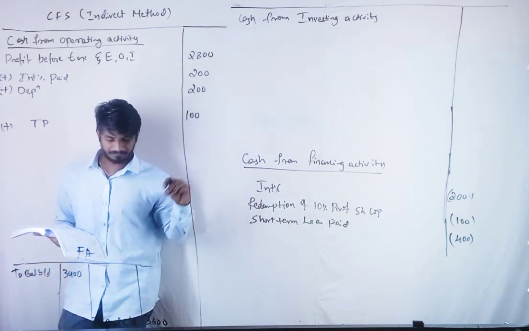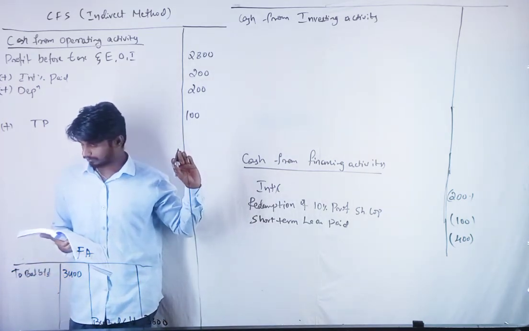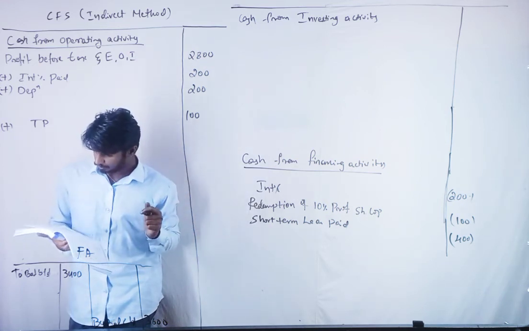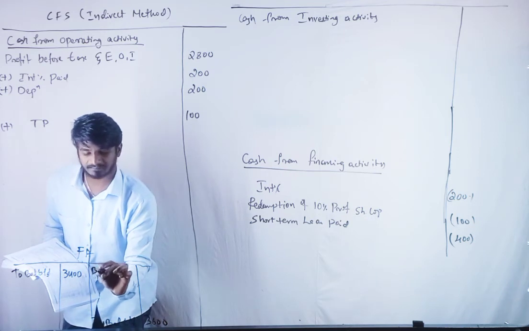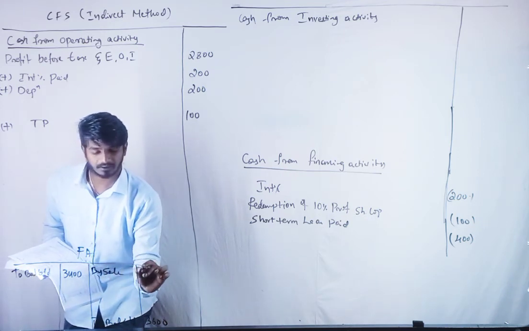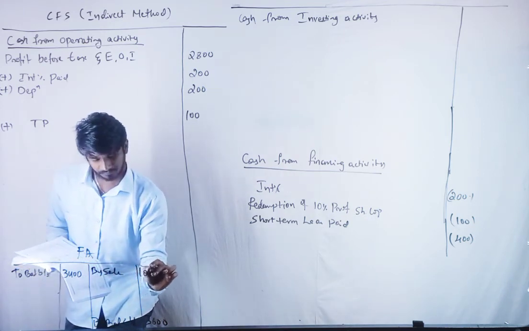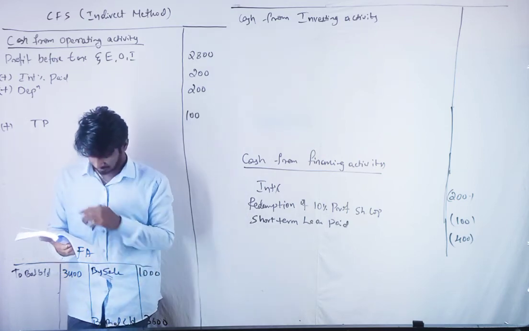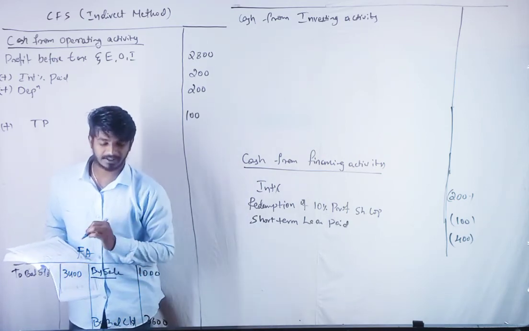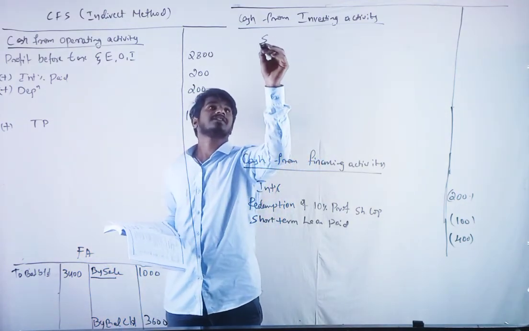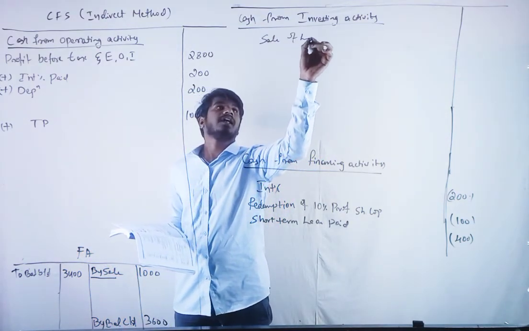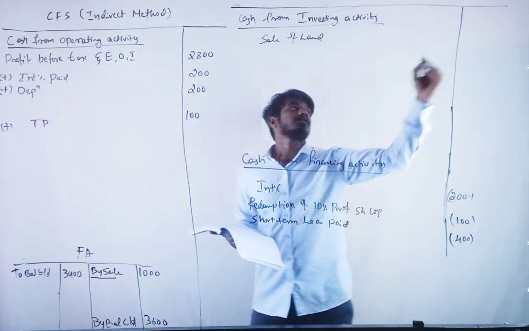Is that visible? Okay. They have sold some land by sale for 1000. This sale we will show in the investing activity, sale of land 100.